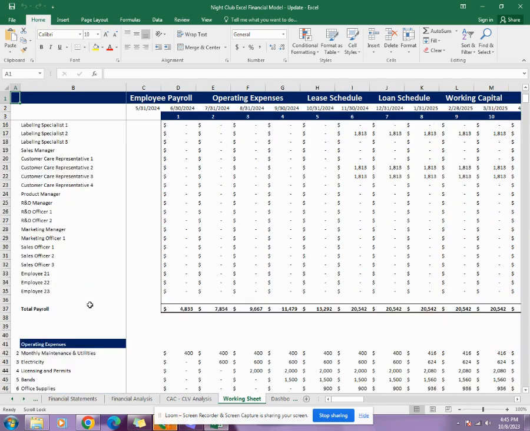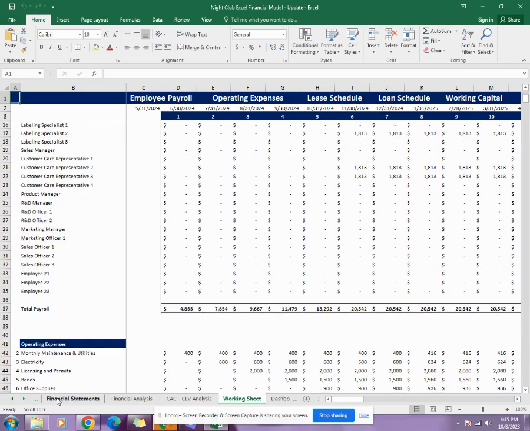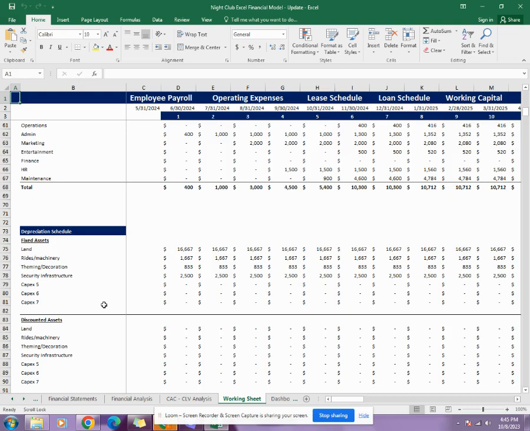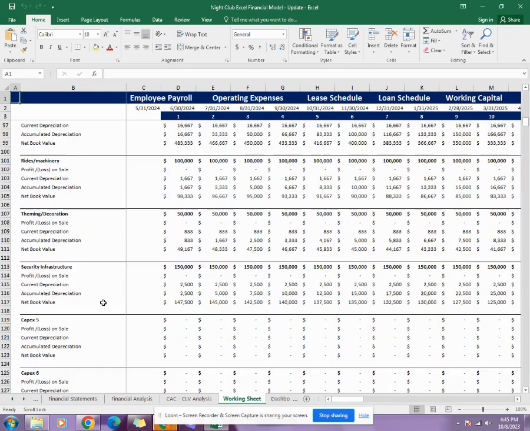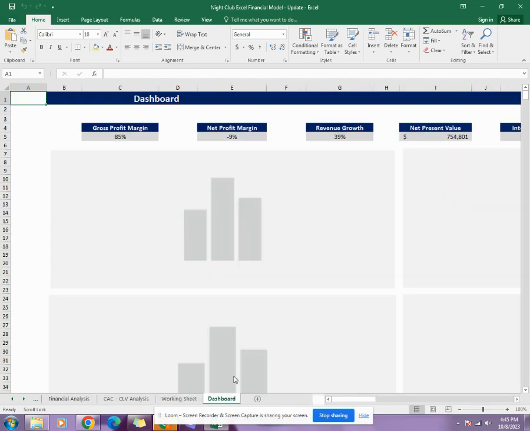Basically, this sheet includes all the relevant calculations that are being used in the financial statements. These include employee payroll, operating expenses, lease or depreciation schedule, loan schedule, and working capital. These calculations are in detail in this working sheet.